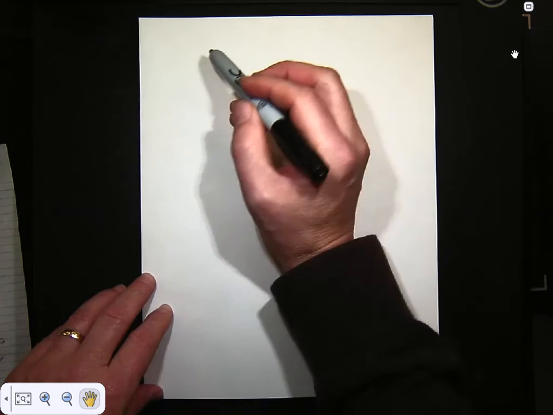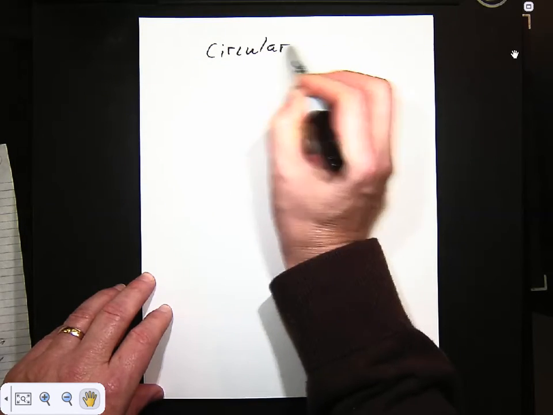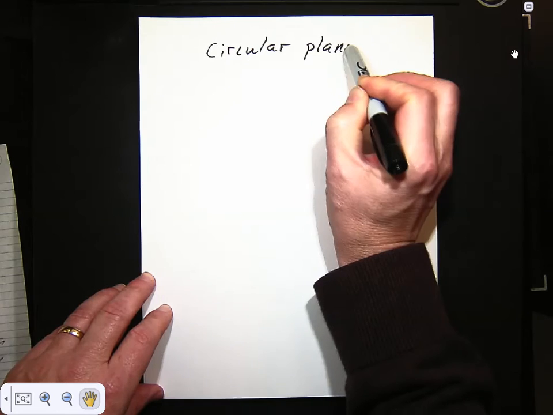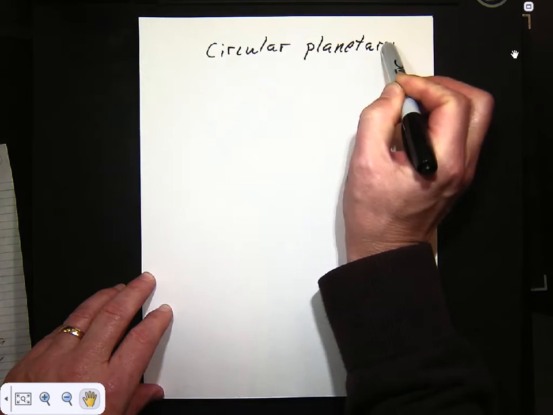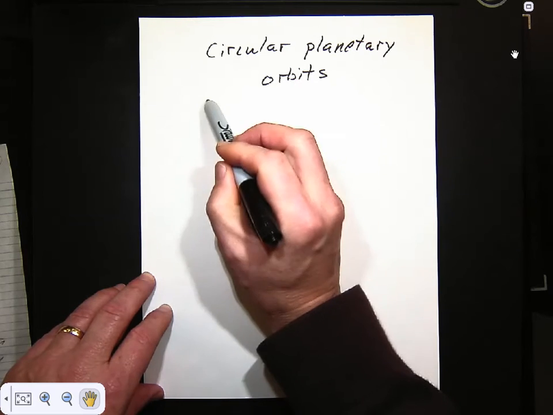So what we're going to do is look at some examples, and to make life simple, we're going to deal with circular orbits of planets. But the transfer orbit is an ellipse.